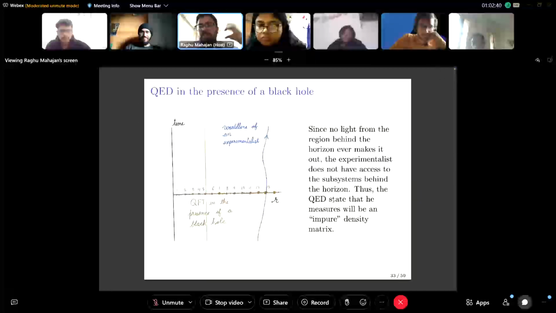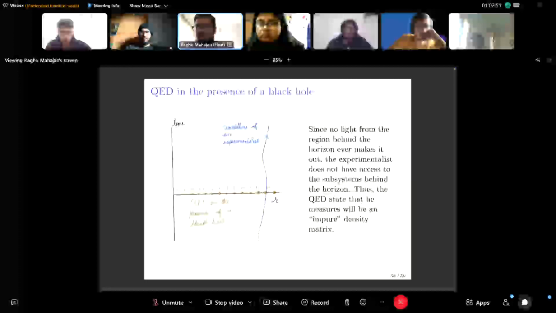So what this means is that the state that the experimentalist would measure would be a noisy state. It is noisy because you are erasing the correlations with what was inside the black hole. That is the source of the noise, because you cannot see the stuff behind the black hole, but the stuff outside is still correlated with it.